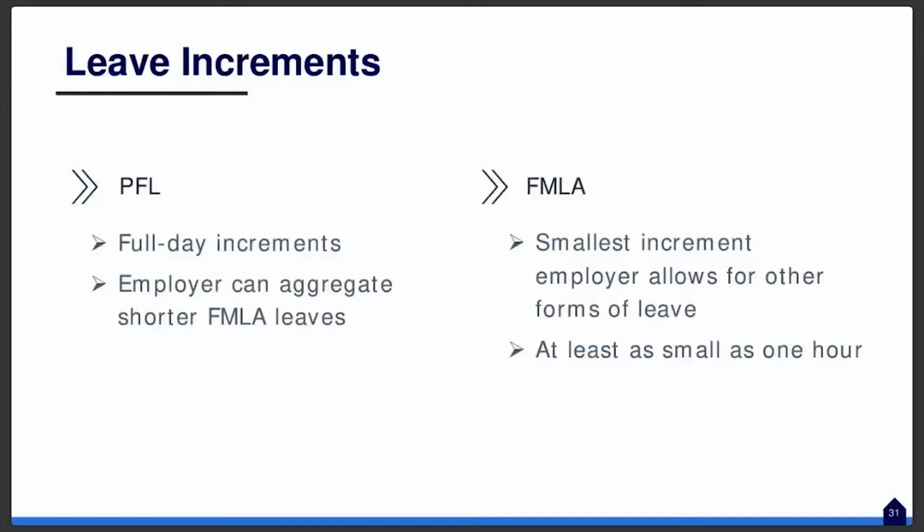The regulations to the paid family leave seem to put a little bit of a wrinkle on this, and it says if you have employees who take smaller than 1 day increments under the FMLA, then you can add them up and then count it against their paid family leave in single day increments. So if someone normally works 8-hour days and takes 1 hour off of intermittent leave under the FMLA for 8 days, then that could be counted against 1 day of their paid family leave eligibility.